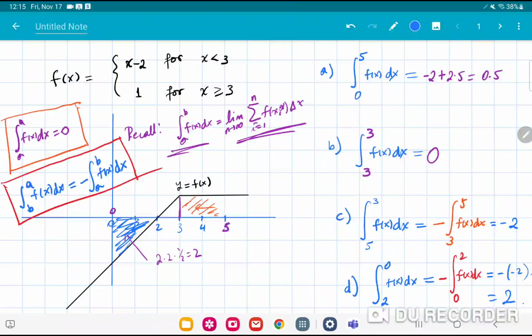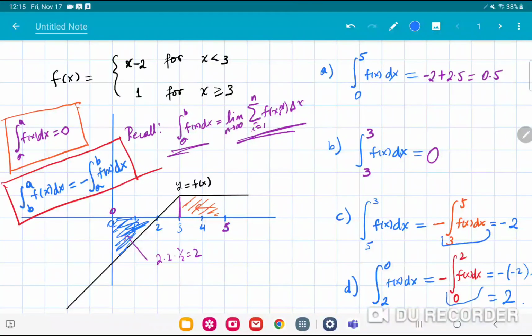This example is just to show you how you could do this. When we have the same point from a to a, the integral is always 0. If we want to switch the top and the bottom of the integral limits, then it'll cost us a minus, whether the integral inside is positive or negative.